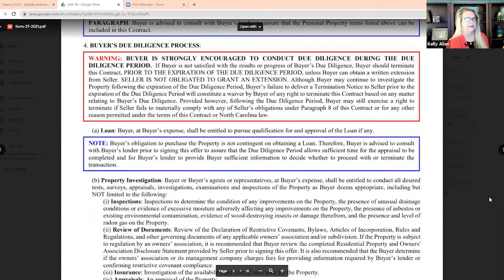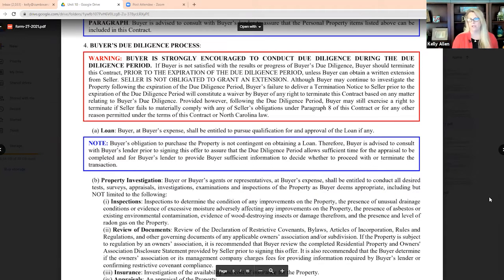All right, let's talk about number 4, the buyer's due diligence process. Remember, the due diligence period is, for all intents and purposes, like an inspection period. So the buyer and the seller will negotiate a certain time frame during which the buyer can investigate the property and contemplate whether or not they want to proceed with this contract or back out of this contract.